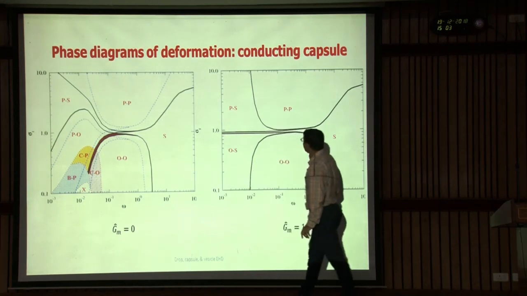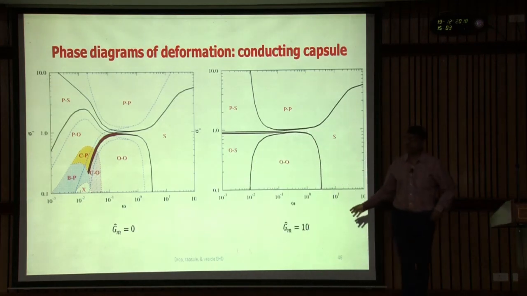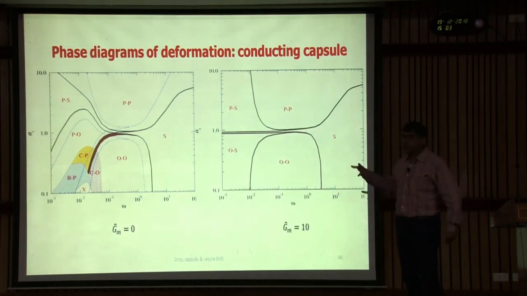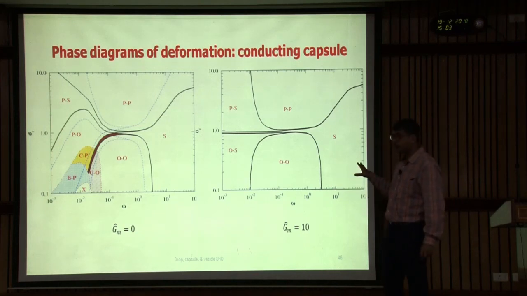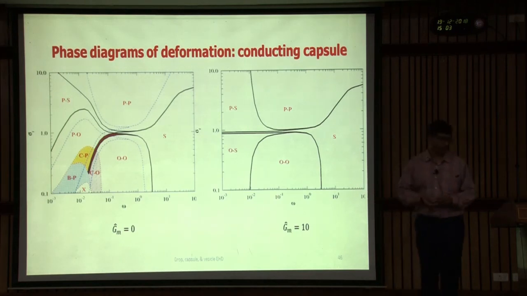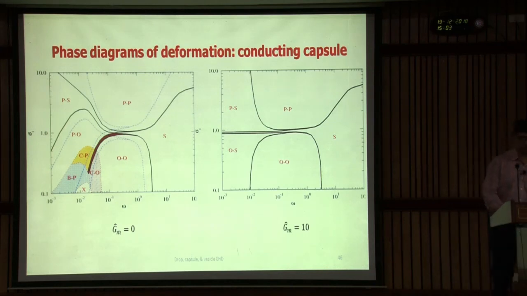But if you include membrane conductance, you see a significant change in the deformation pattern. This is again for a fixed membrane conductance, which is kind of an artificial thing. But it shorts the membrane, and once you short the membrane, you can't charge the membrane. If you don't charge the membrane, the deformation completely changes. That's why. Thank you. Any other questions?